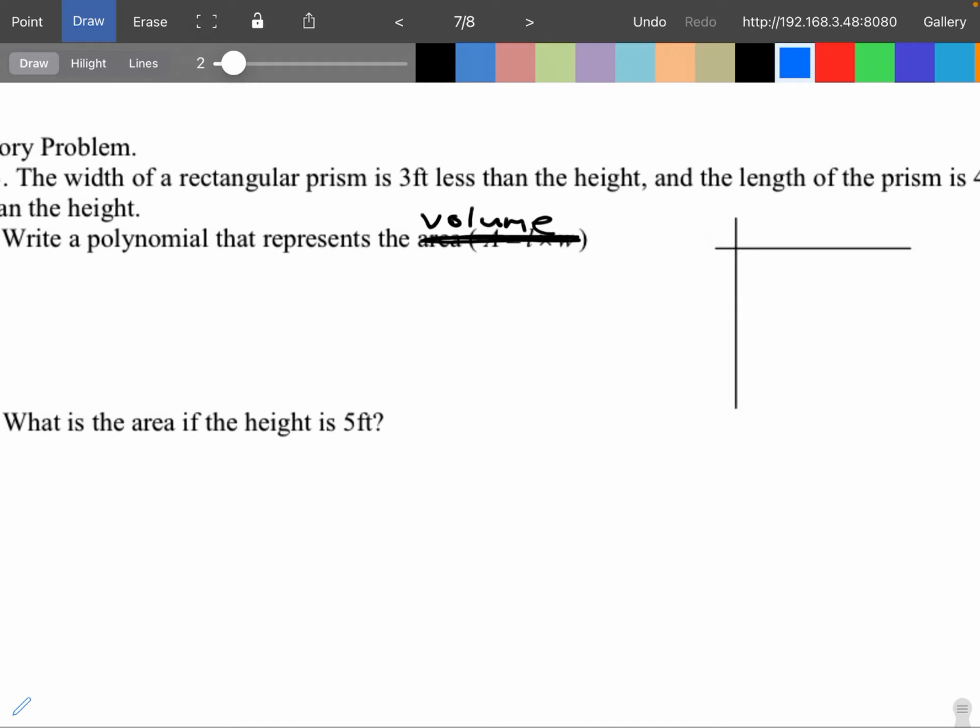So the first thing we got to look at here is, what does it say? It says the width is, so that would say W equals. It says it's 3 less than the height. So that would be 3 less than the height. So that would look like that.